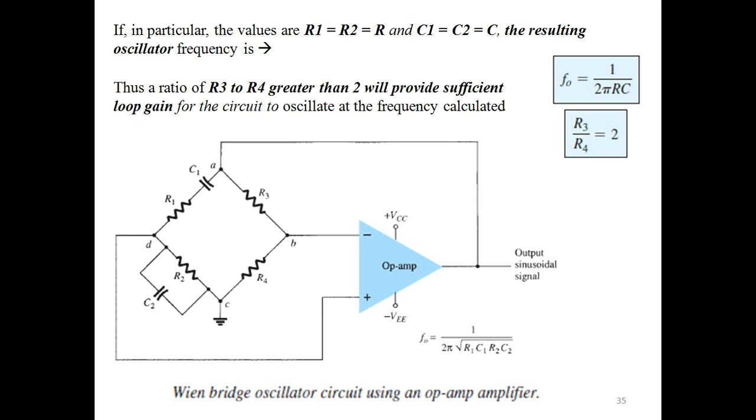Okay, so that was the complete Wien bridge oscillator circuit. Instead of a normal amplifier, we are using an operational amplifier, but in any case, a normal amplifier can also be used.